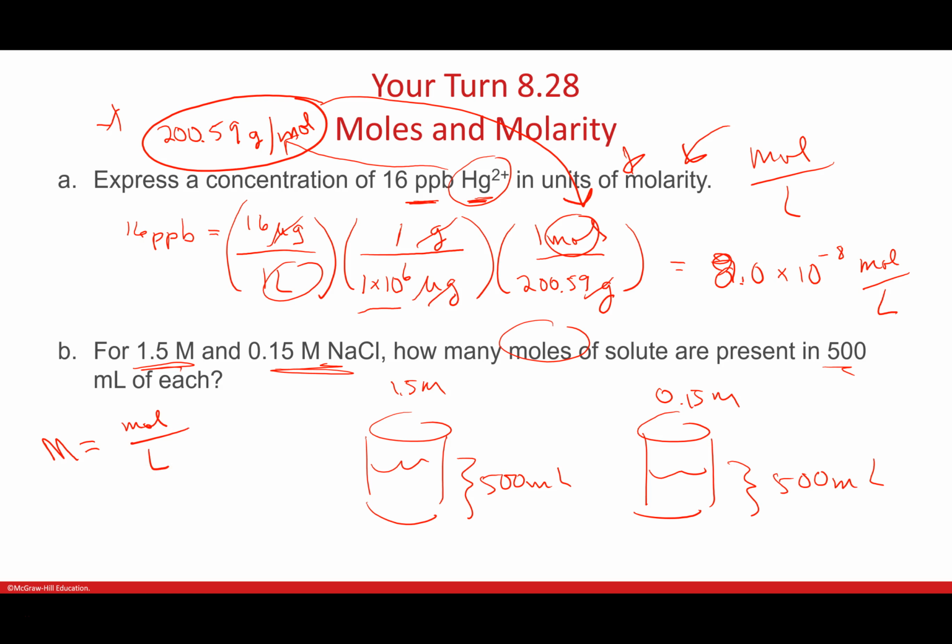Okay, so I'll go back to you, Taylor. 500 milliliters, how much is that relative to a liter? So you told me 1 liter is equal to 1,000 milliliters.